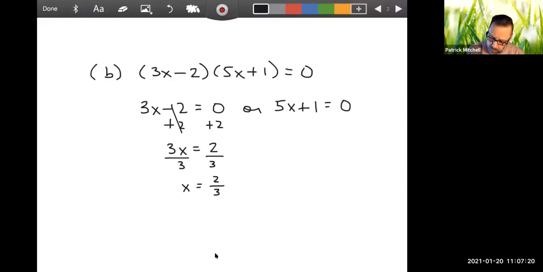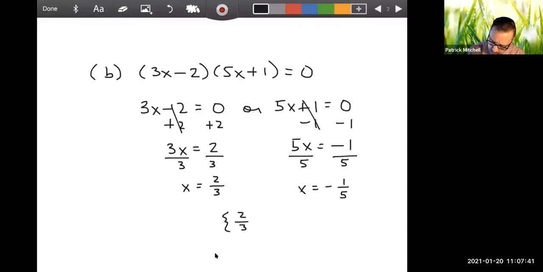If 5x plus 1 is 0, that means that 5x is negative 1. And if 5x is negative 1, that means that x is negative 1/5. All right, so this equation also has 2 solutions. The 2 solutions are 2/3 and -1/5. When you do your online homework, you'll notice that you just have to type in the numbers.